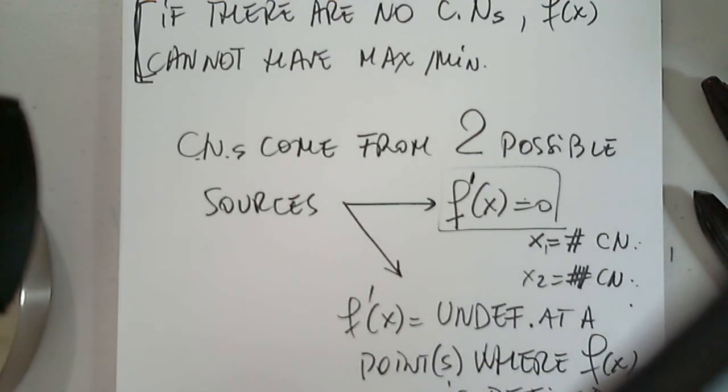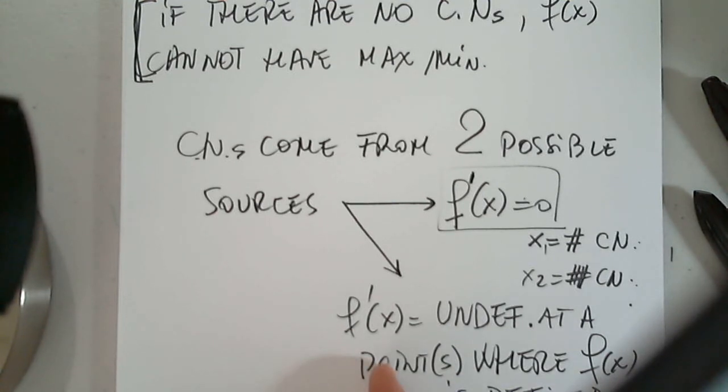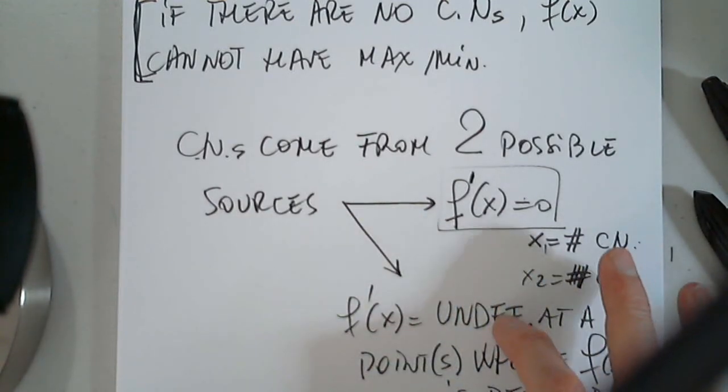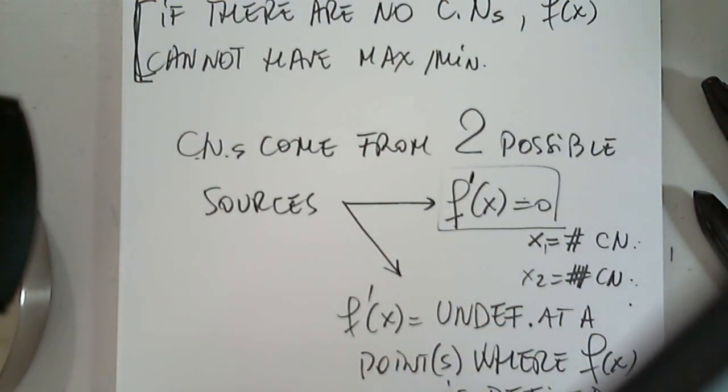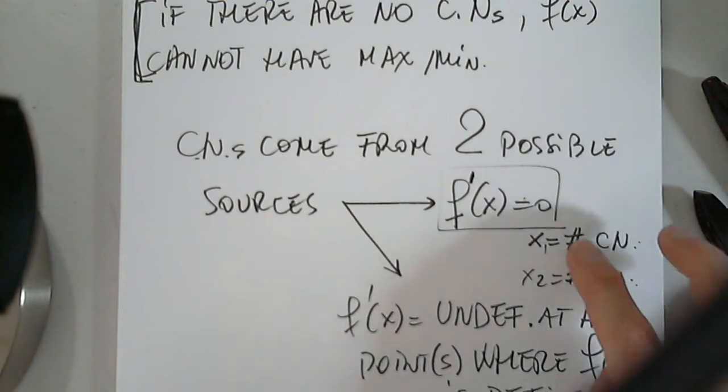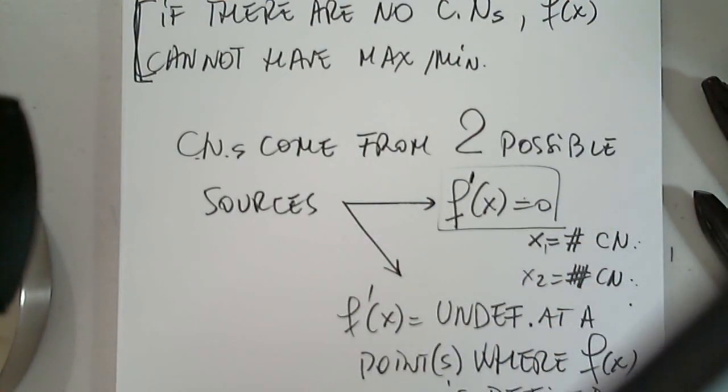Because if the function is not defined, I don't care if the derivative is undefined. Who cares? If the function doesn't exist, we don't care that the derivative is undefined. But if the derivative is undefined at a point where the function exists, then at those x values we get again critical numbers.